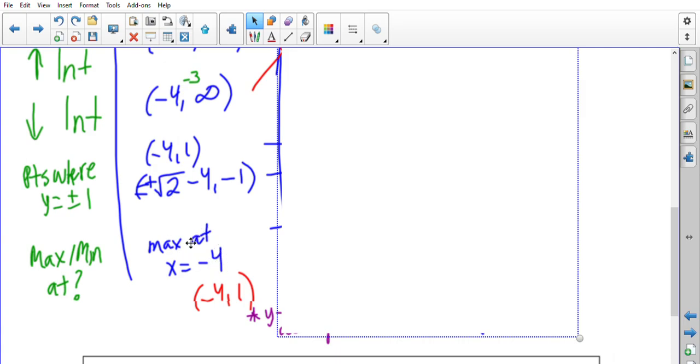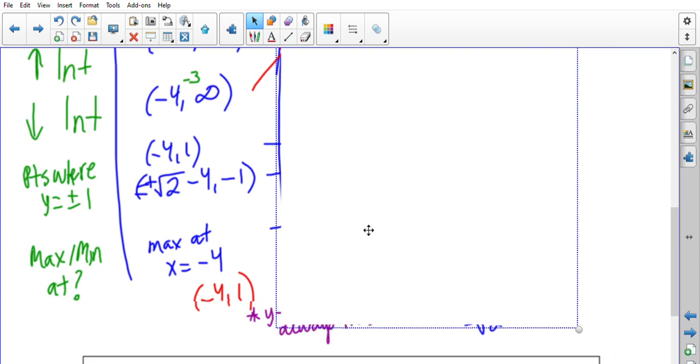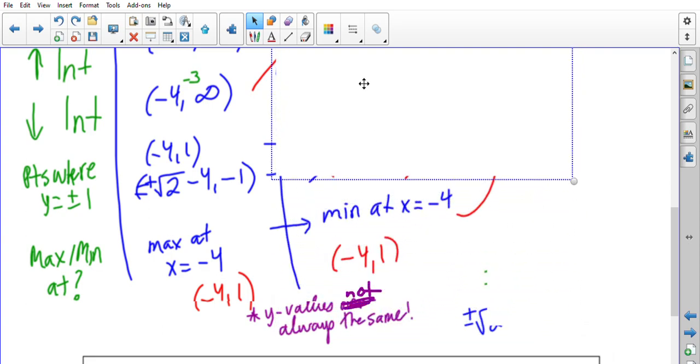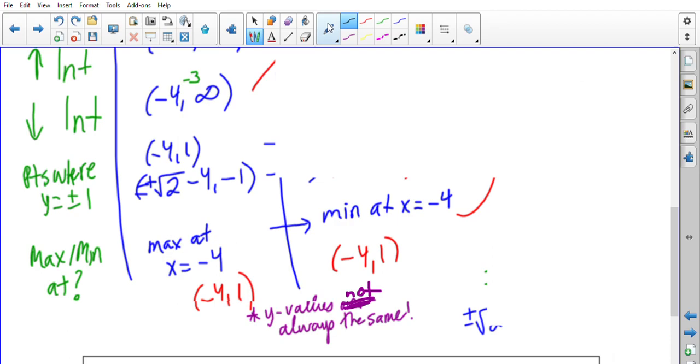That means I can do this part now. If there's a max at x equals -4 for the original, my reciprocal will have a min at x equals -4.